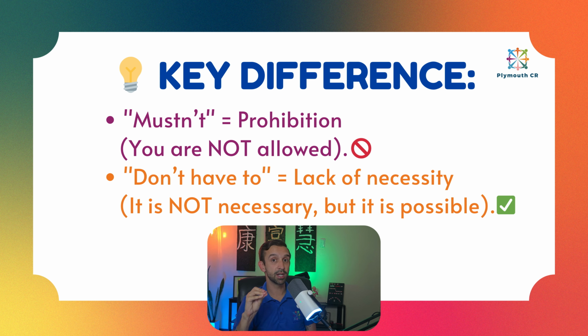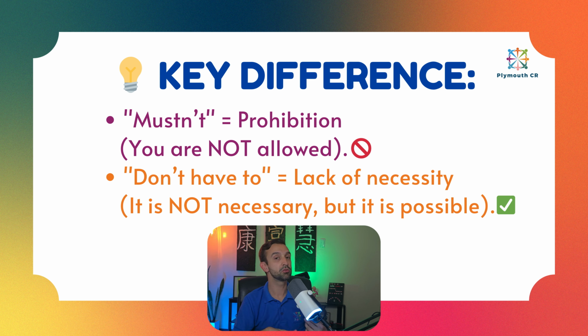It's something that is prohibited. Okay, you are not allowed to. While with don't have to, there is a lack of necessity. It is not necessary, but it is actually possible. Must not or mustn't is forbidden, is prohibited. You cannot do it.